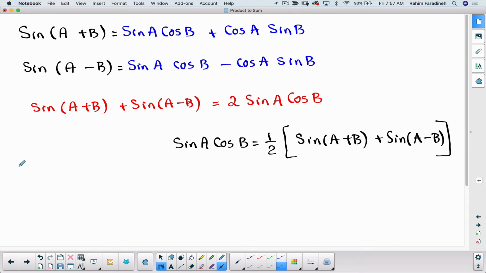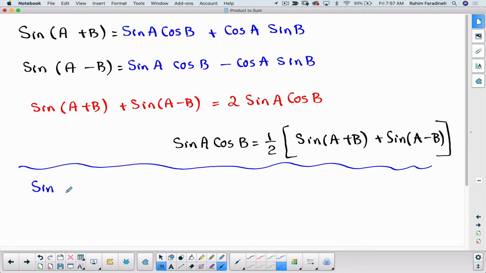So let's summarize what we know so far. We know that sine a sine b is equal to 1/2 times cosine of a minus b minus cosine of a plus b.